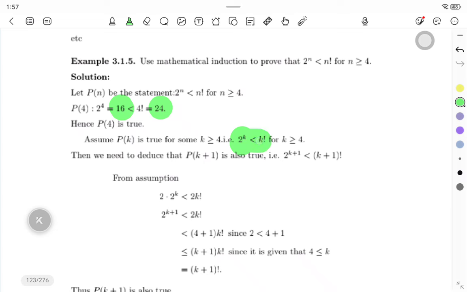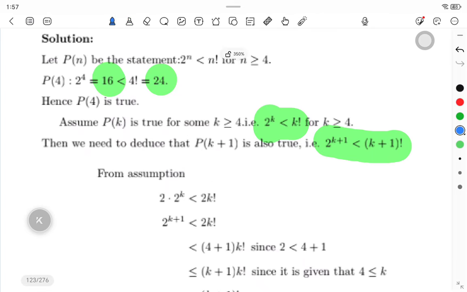Then when you come to proving this, guys, we're going to pick this from the assumption. Remember, our assumption is 2 to the k is less than k factorial. So always we're going to be multiplying by this base on both sides.